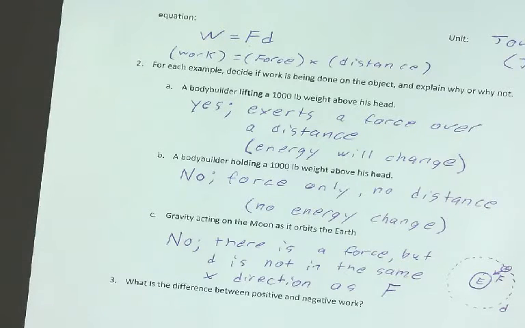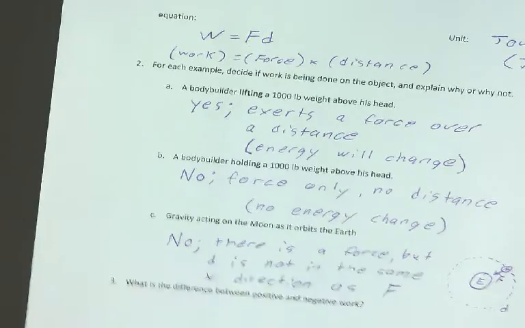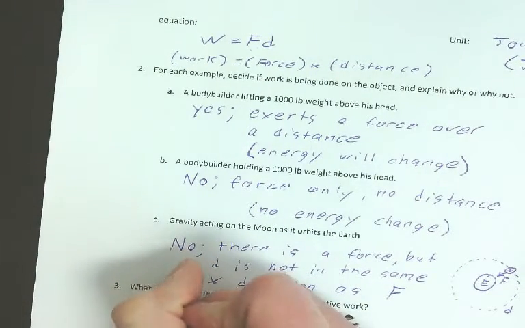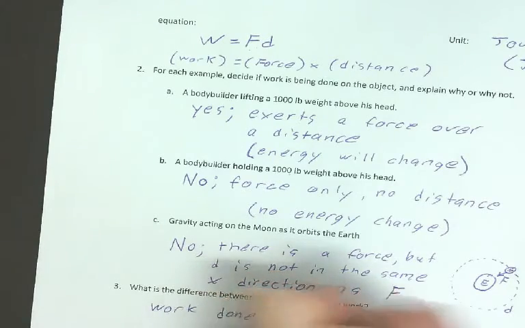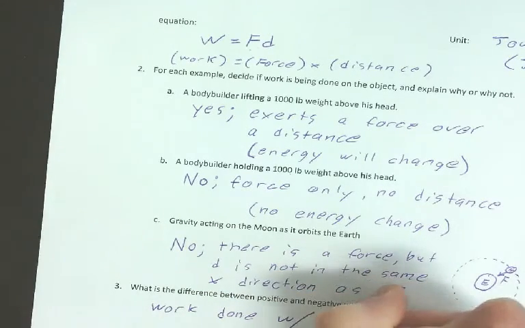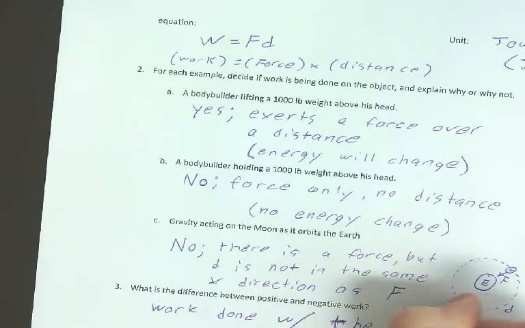All right, number 3. What's the difference between positive and negative work? Okay, positive work is work done with the motion of the object, with the object's motion.